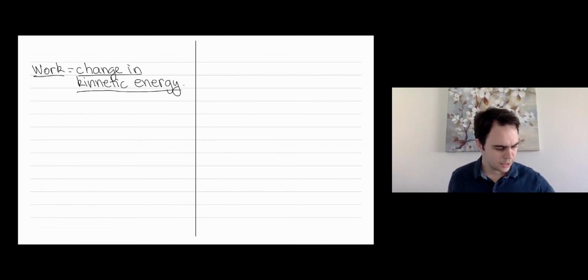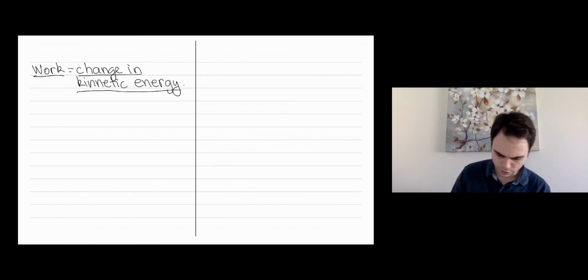So let's label everything. Let's say that r of t is the position of the particle at time t.